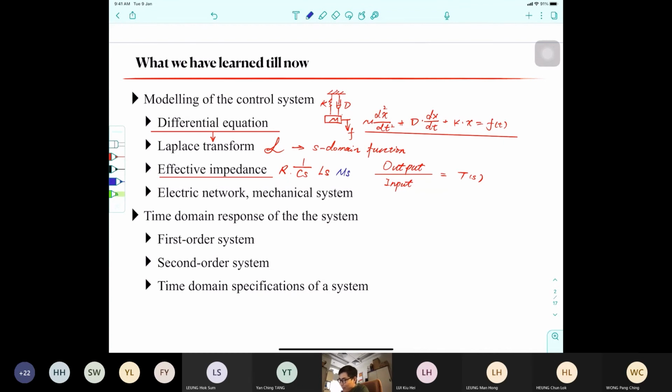Impedance of the damper, right? fs, and the impedance of spring K, right? All we need to know to build the system model. So two types of system, electrical network and a mechanical system.